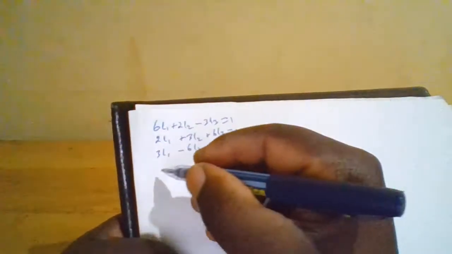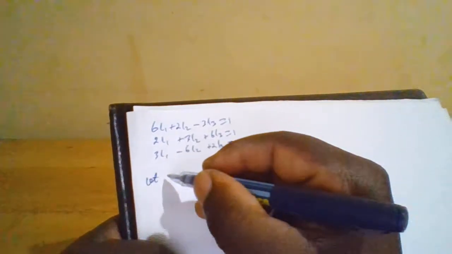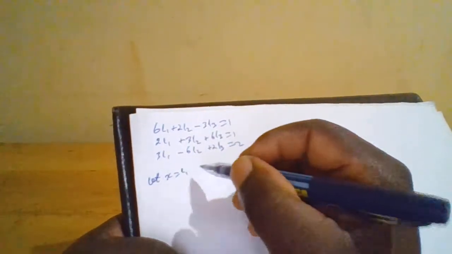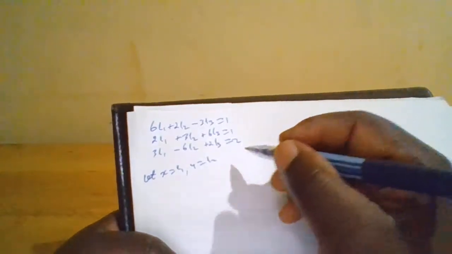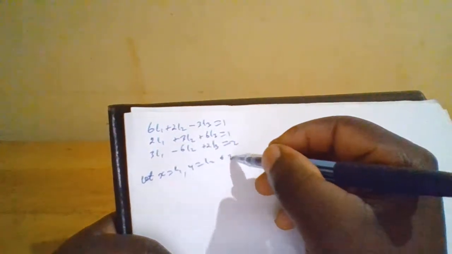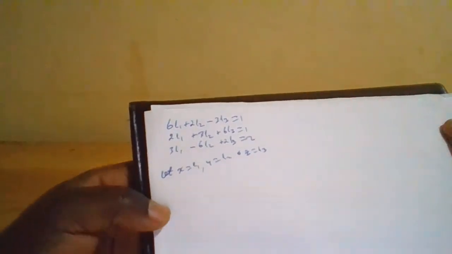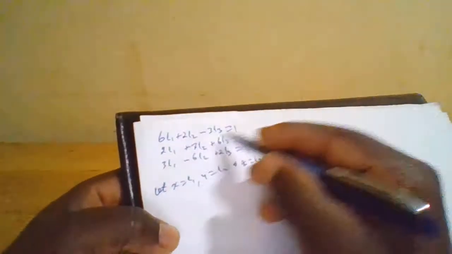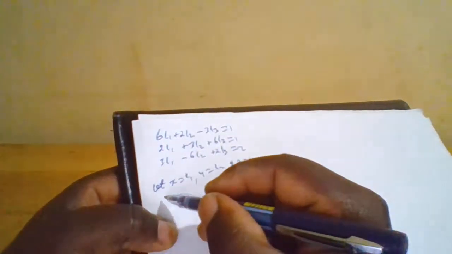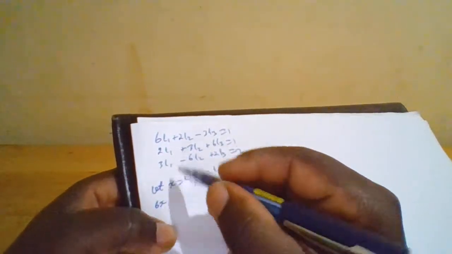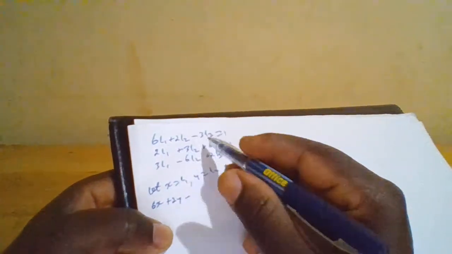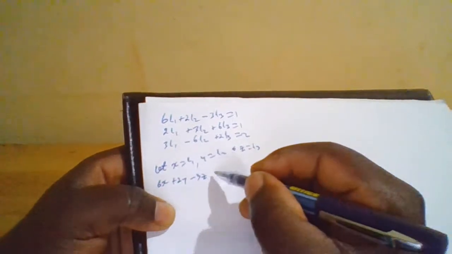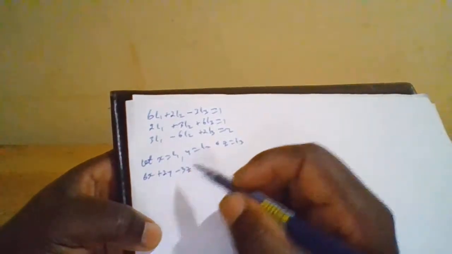Now we shall let x equal L1, y equal L2, and z equal L3. Therefore, the three equations become 6x plus 2y minus 3z equals 1.